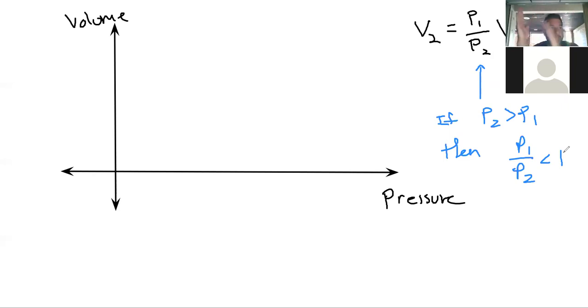So if the pressure increases, what does that force the volume to do? Well, it forces the volume and the pressure to have this sort of relationship. It forces that as P gets larger, the volume must shrink.